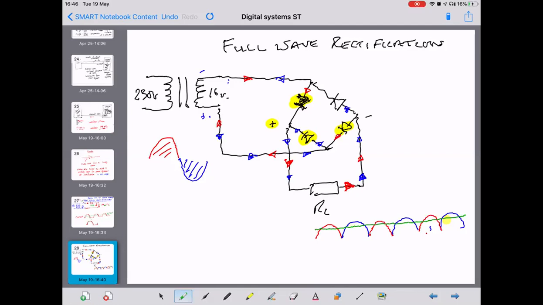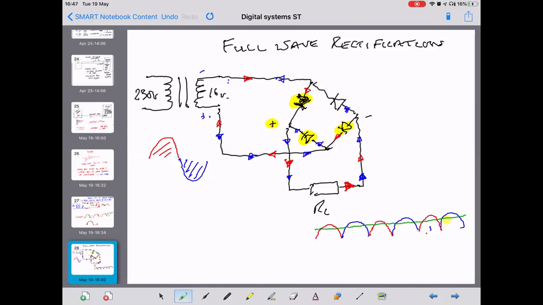So I'm going to leave it there this week. We finished a little bit early. What I'll do is put notes together next week that start this off properly, so there'll be some better, tidier drawings for the full and half wave rectification. I'll see if I can put together some models on the Multisim system to show that working.